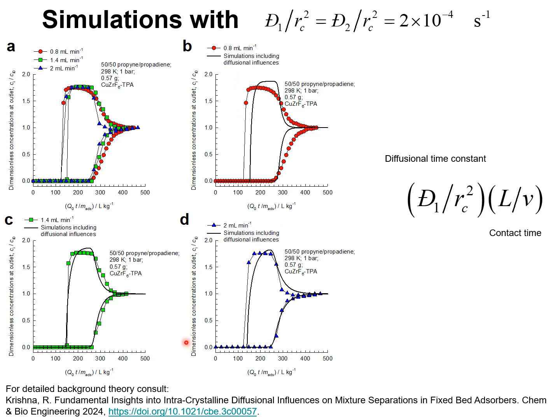The reason for this is because the diffusional influences are dictated by the product of the diffusional time constant and the contact time. The contact time between the gas mixture and the crystallites equals the length of the packed bed divided by the interstitial gas velocity.